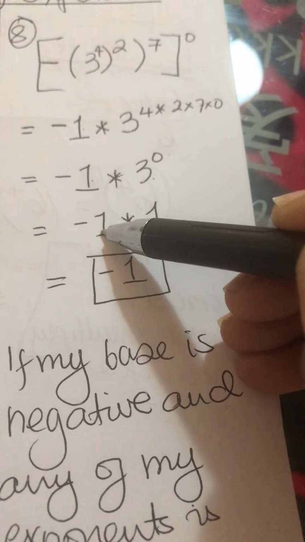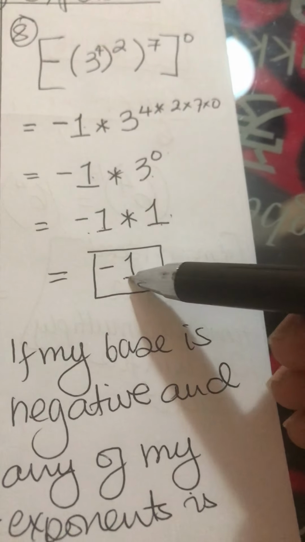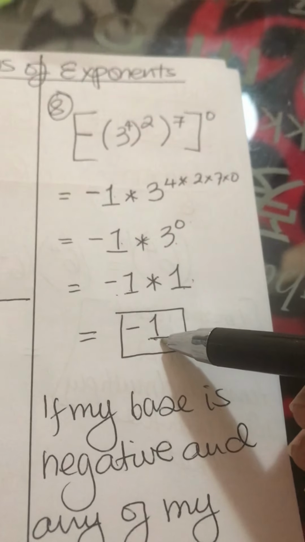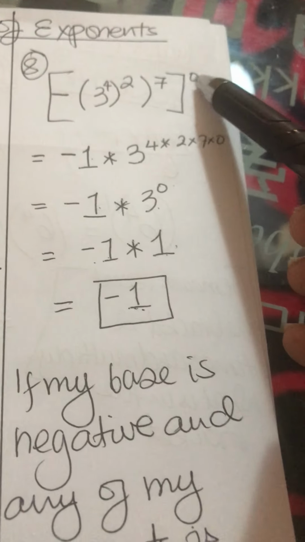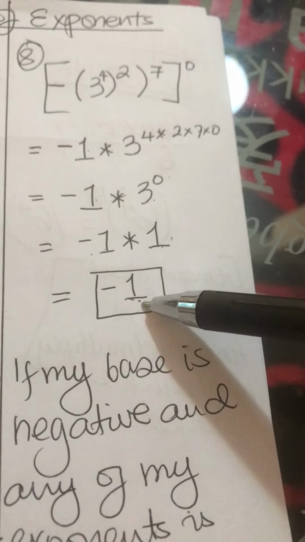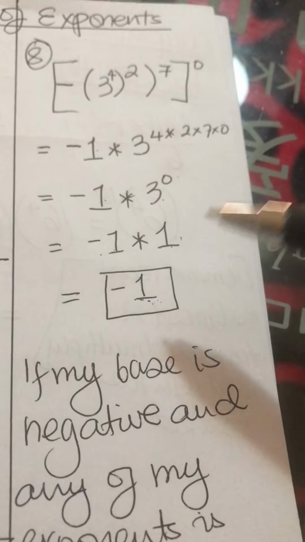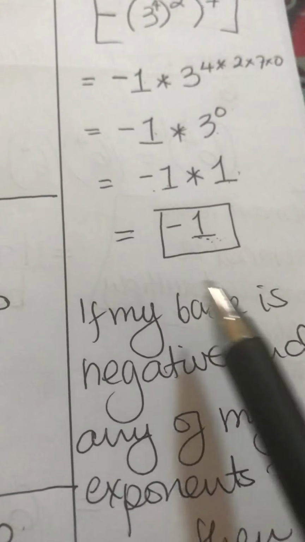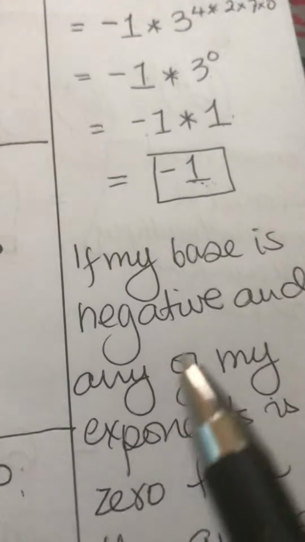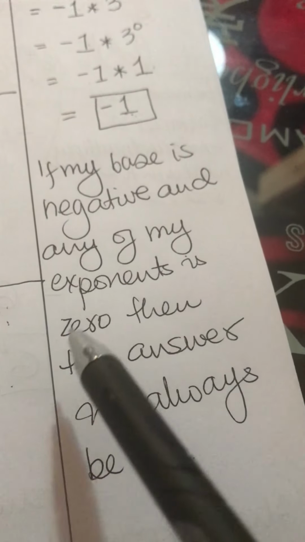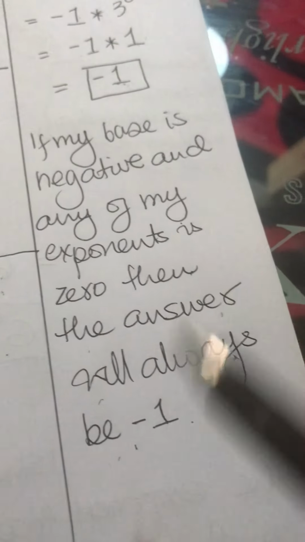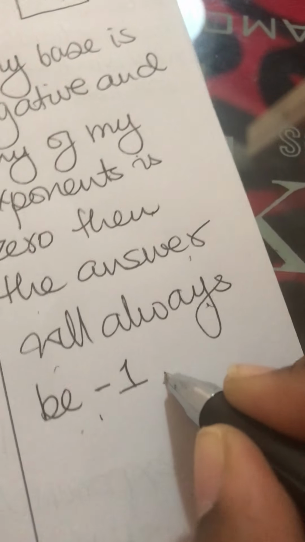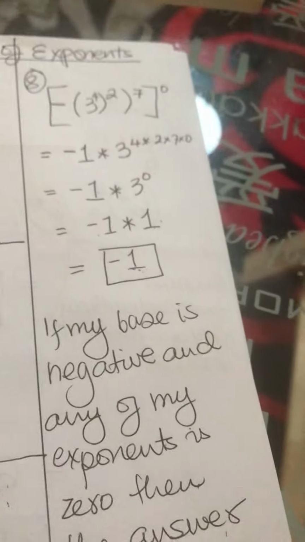And then this is negative, so negative 1 times 1 becomes negative 1. If my base is negative and any of my exponents is 0, then the answer will always be negative 1. Always. Okay?